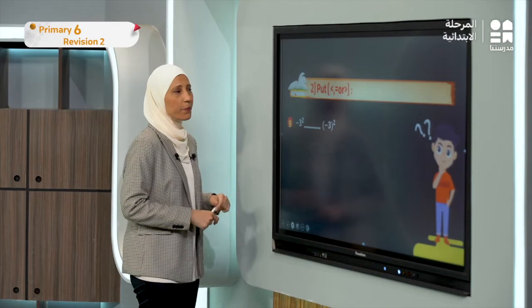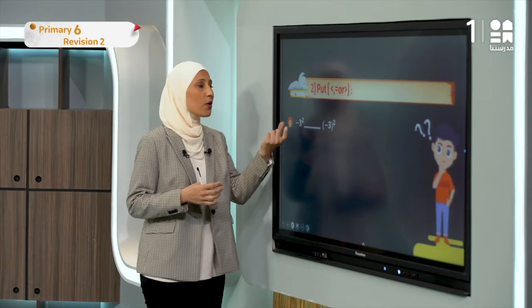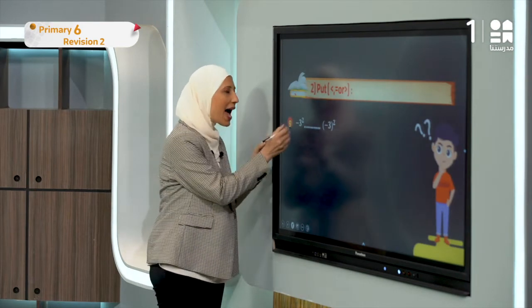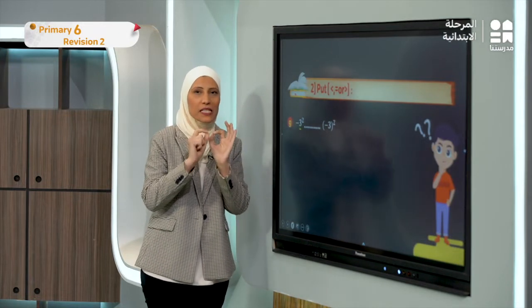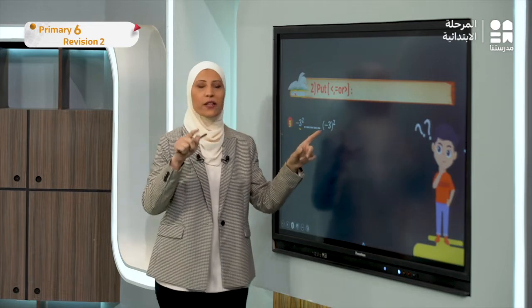Okay, let's see. I have negative 3 to the power of 2 and negative 3 all to the power of 2. What difference between them? It seems they are equal. No, they aren't. Here the power of 2 is on the 3, so the 3 base is repeating 2 times, but the negative no. Here the negative is repeated too.